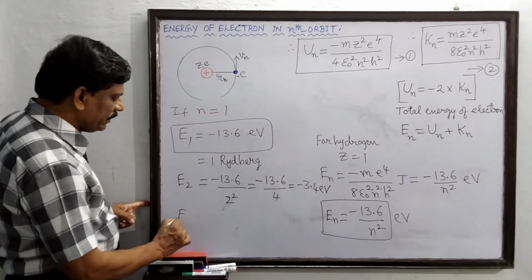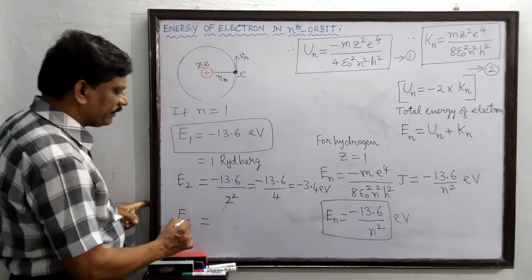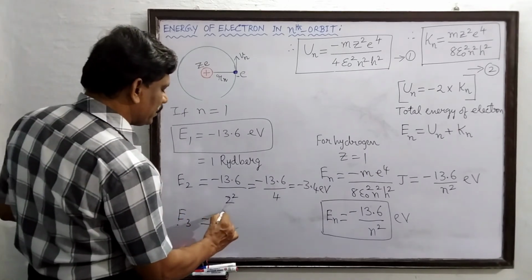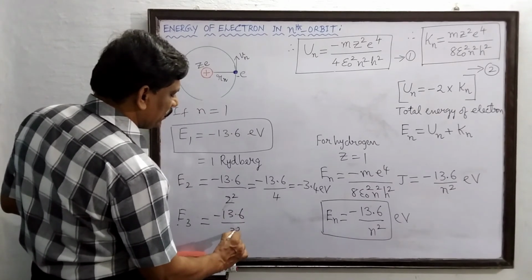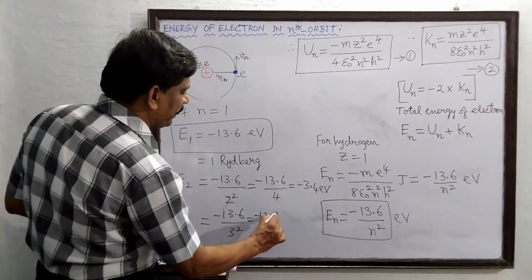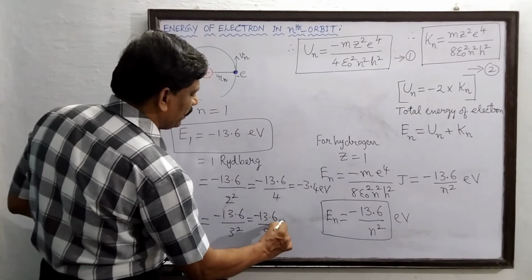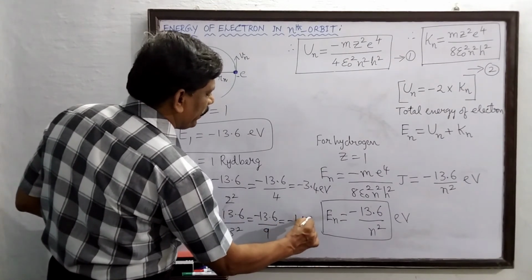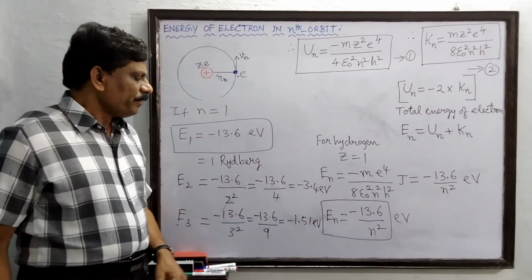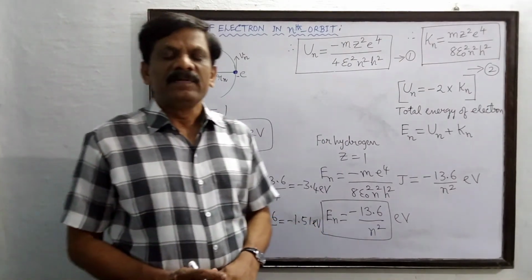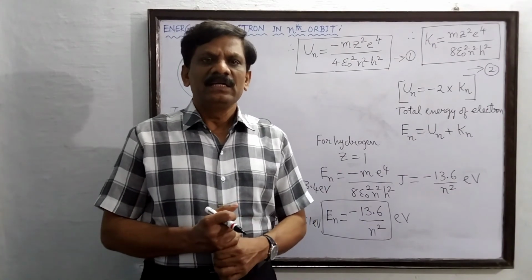And E3, the energy of the electron in the third orbit, is minus 13.6 divided by 3 square, so minus 13.6 divided by 9, which is equal to minus 1.51 electron volt. So this is how we can find the energy of the electron in the nth orbit.